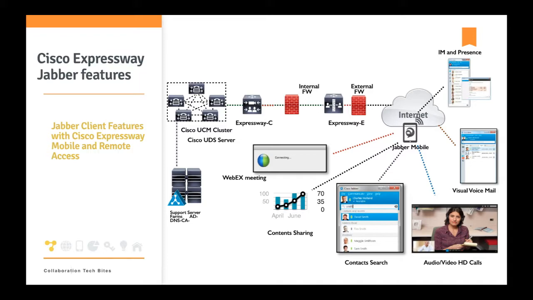However, the contact search here will not use the original Active Directory and will use only the UDS service. Content sharing here is just making sure that I'm receiving content sharing, and in some cases I'm also sending content sharing from the client itself, and I can join a WebEx meeting through Expressway as well.